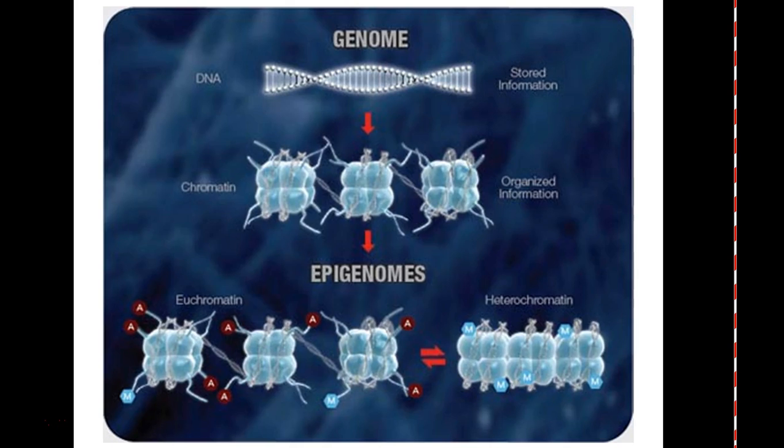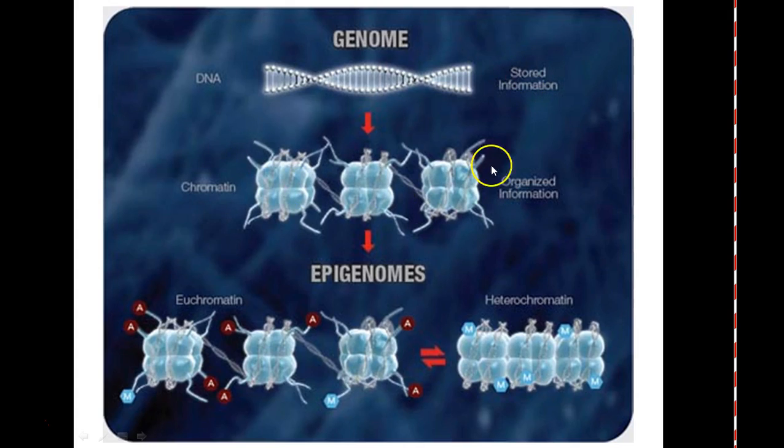And this is the final slide for the chromatin, kind of like a summary. I really like this slide because it shows very important information. On top, we have just the naked DNA without any proteins. So what it does is just the storage of the genetic information.